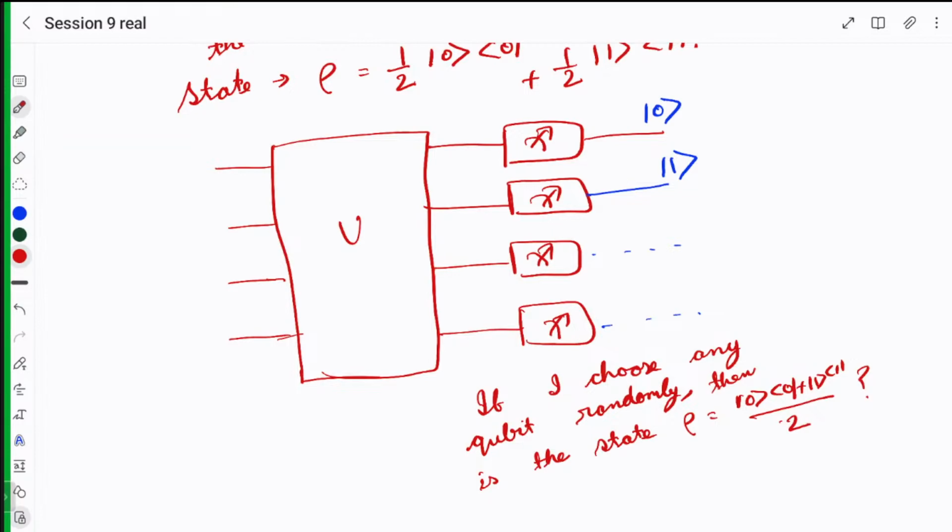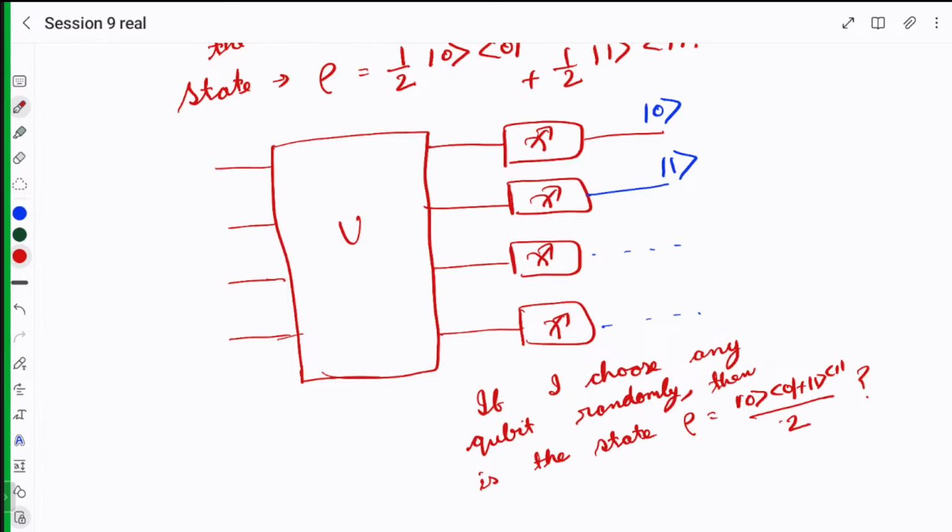Any ideas? Like you can take a guess. Just take a guess.